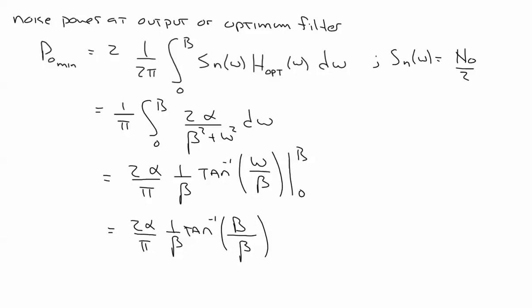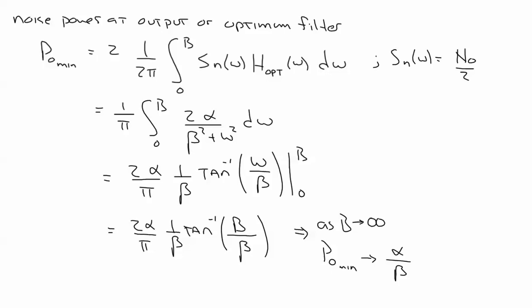Okay? And so you'll notice here what happens is that as my bandwidth b of interest approaches infinity, my arctangent function becomes pi over 2, and my output power approaches alpha over beta, which remains finite.